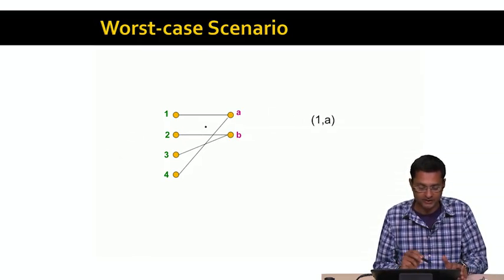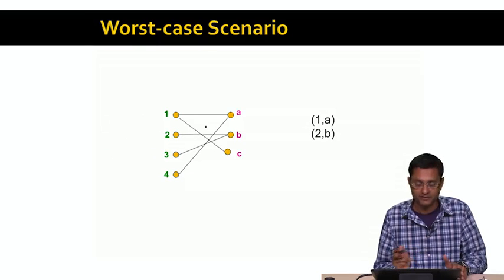Then node B comes in, and we output 2B. Then C comes in, and we are unable to output anything because 1 is already paired. D comes in, and we are unable to output anything because 2 is already paired. And so in this case, the greedy algorithm produces a matching of cardinality 2, which is 1A, 2B.